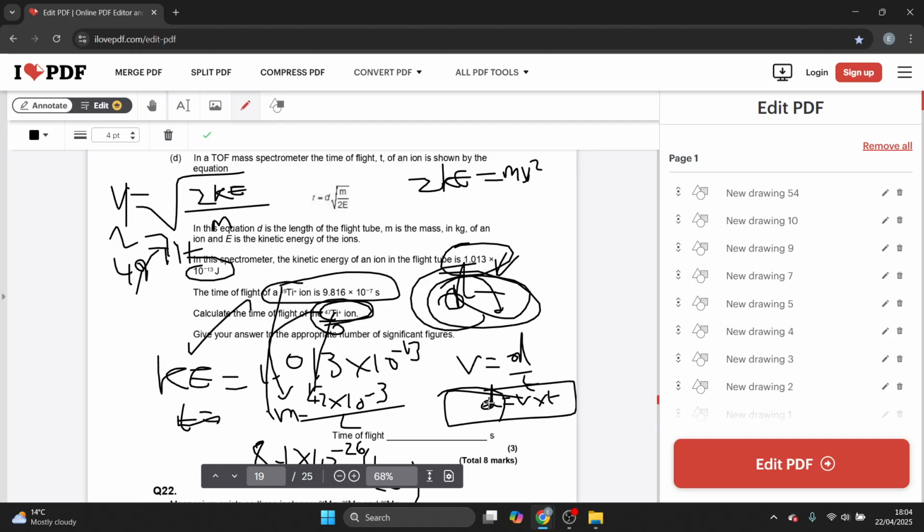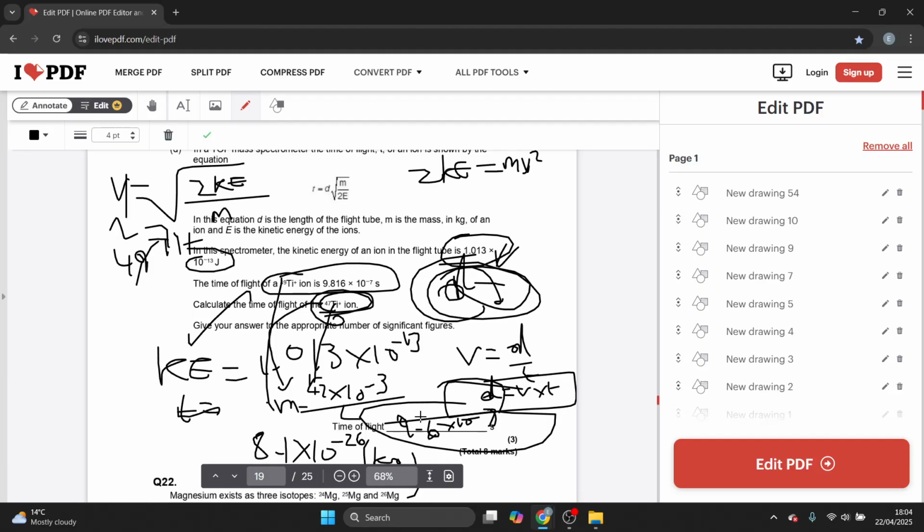Then I get the velocity, and the time is 1.55 over my answer. I get 9.62 times 10 to the power minus 6. Yeah, that's what the mark scheme pretty much got. So it should be fine. If you understand it that way, like I do, then try it out.